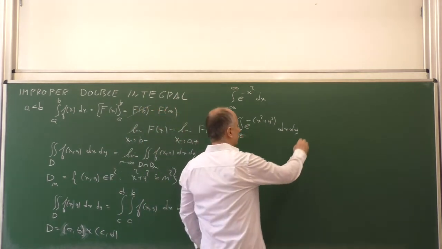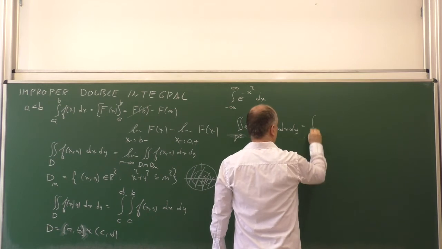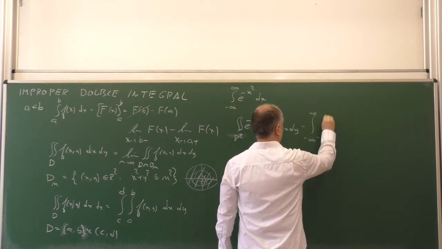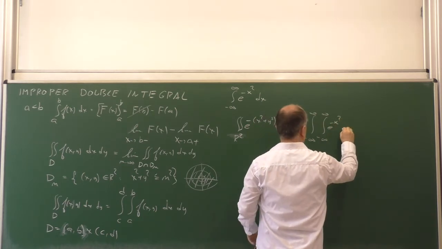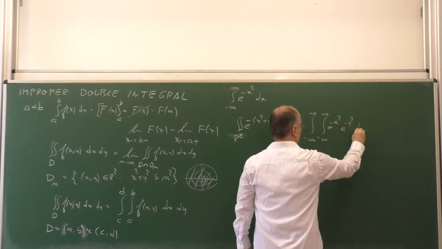First, we can write this as the integral from minus infinity to infinity, minus infinity to infinity, and this can be written as a product e to the minus x squared times e to the minus y squared dx dy.